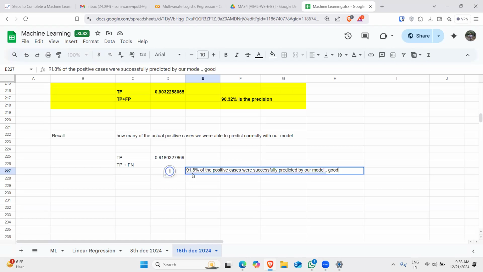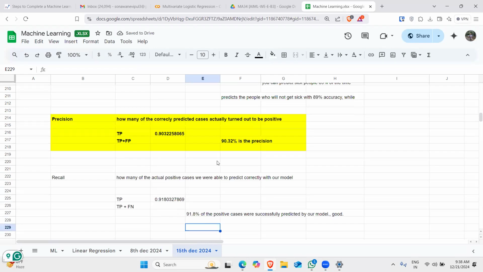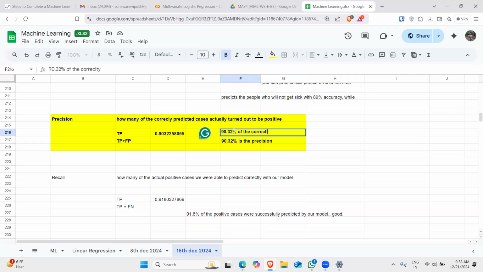So it is good, right? The recall should be as maximum as possible, right? And what about precision? I can say out of this, 90.32% of the correctly predicted cases turned out to be positive.